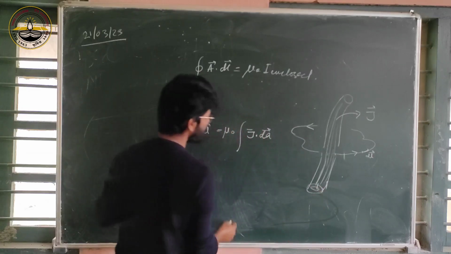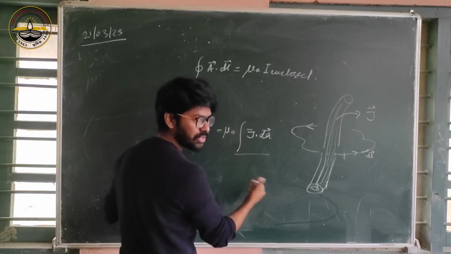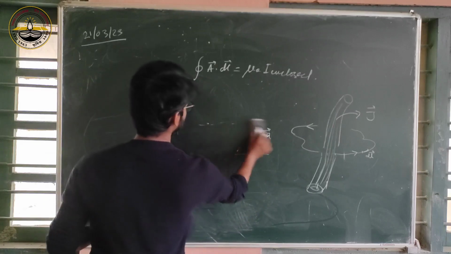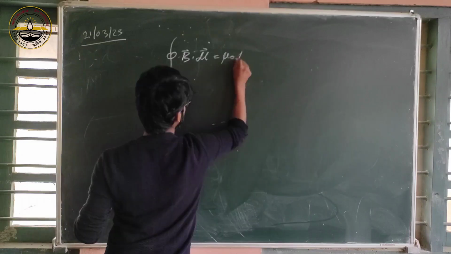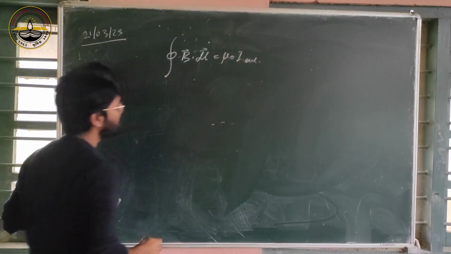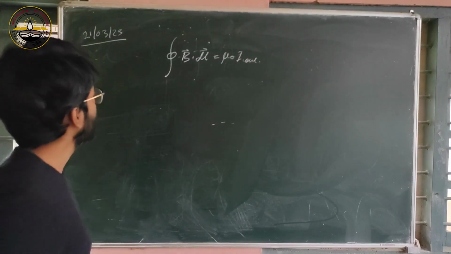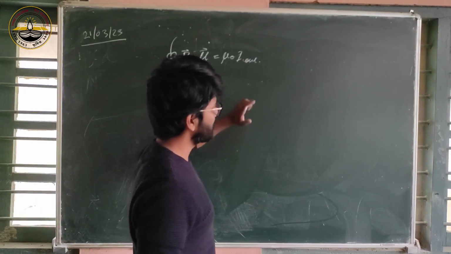So this will be your total current enclosed. We did an application of this, and it's useful only when there is a symmetry.